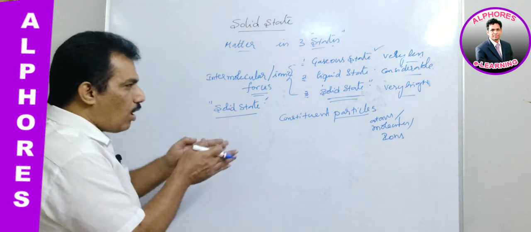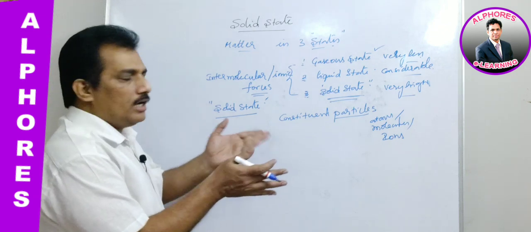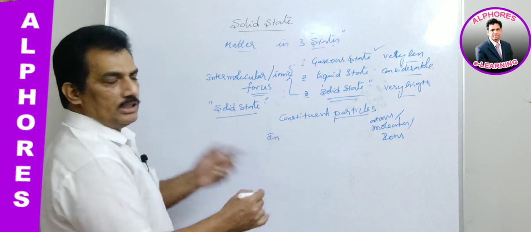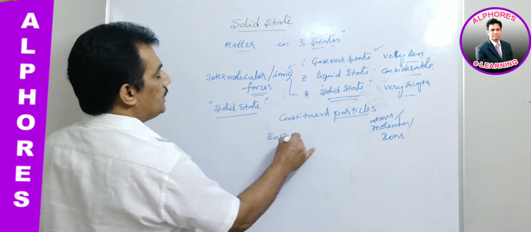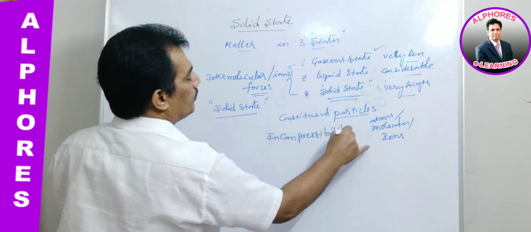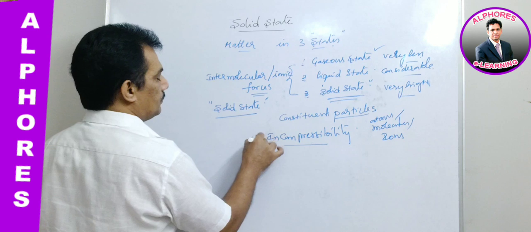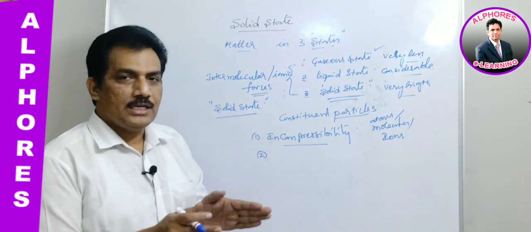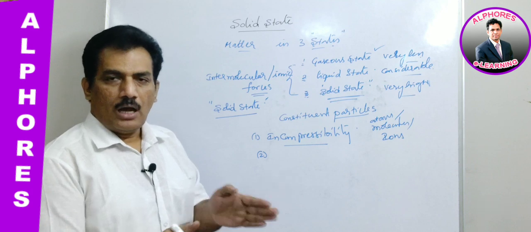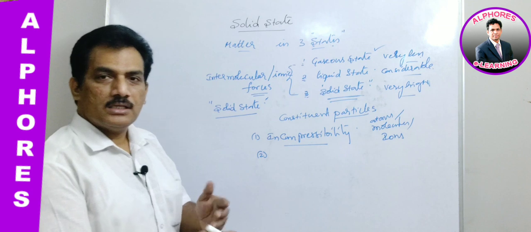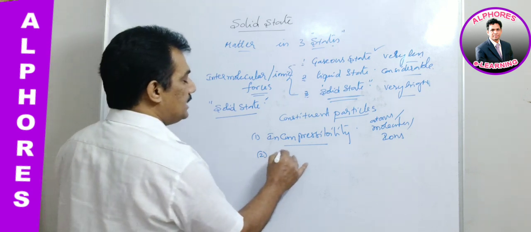When they are strongly held together, automatically the compressibility is almost zero. That is, incompressibility is one of the characteristic features of this solid state. And the second one: when there is no compressibility, that property is otherwise known as rigidity.